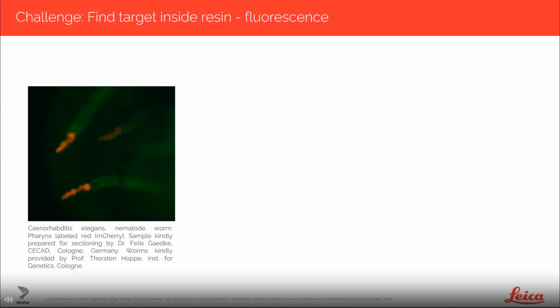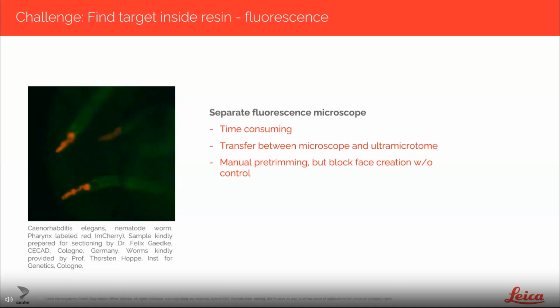So the fluorescence is very helpful to find targets in the resin, and there are specific protocols keeping the fluorescence during embedding. This is normally done by a separate fluorescence microscope, but of course it's time consuming because you have to transfer between the microscope and the ultramicrotome.